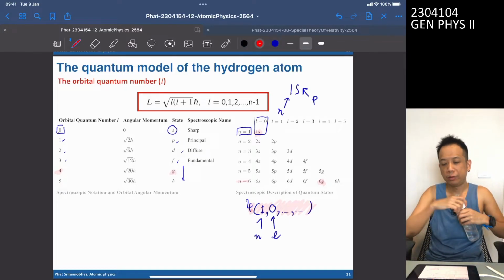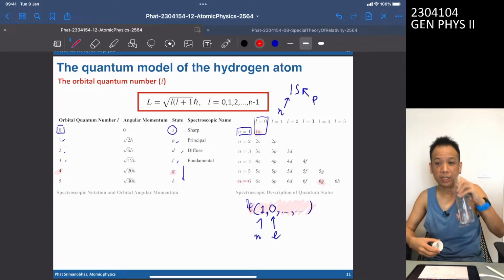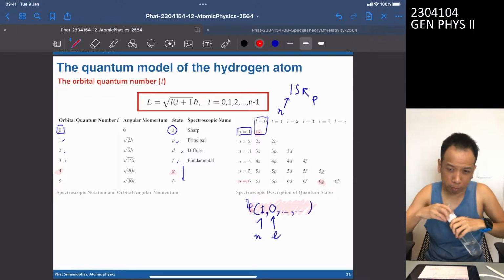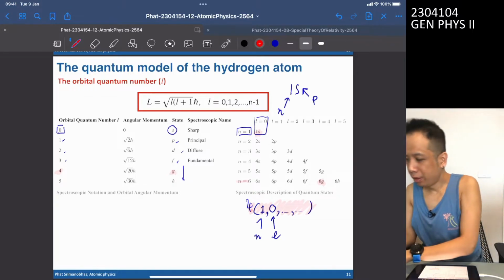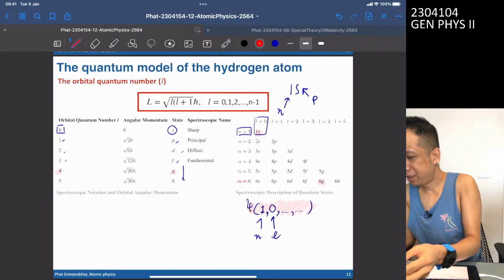So now you have two quantum numbers, n and l. We move next.